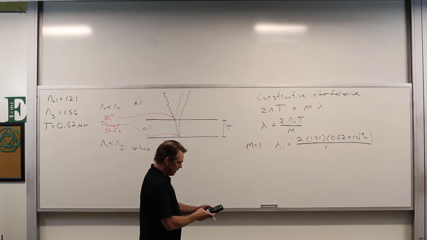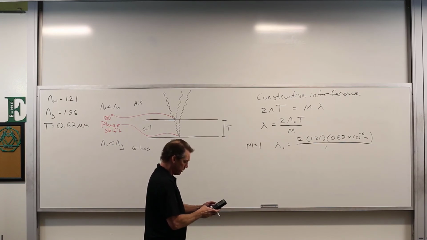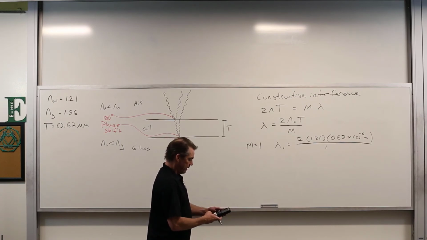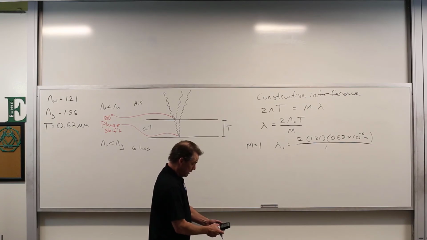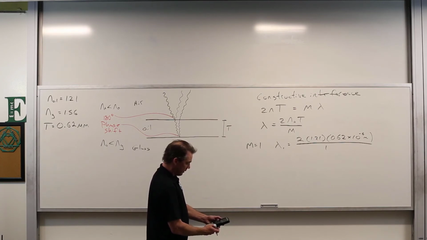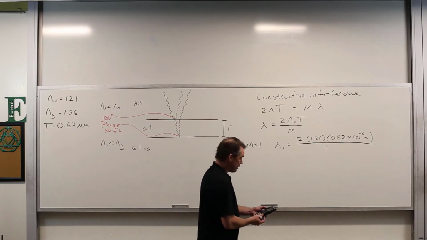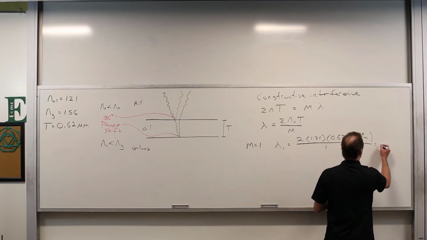And what does that end up giving us? 2 times 1.21 times 0.62 times 10 to the negative 6. There we go: 1.50 times 10 to the negative 6.